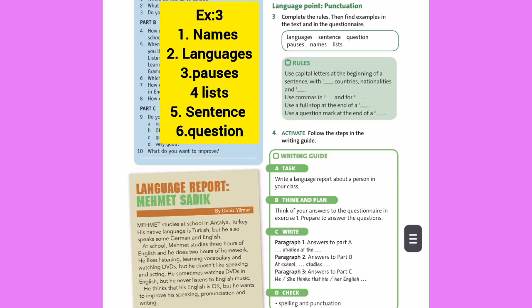Use commas in pauses and for lists. Use a full stop at the end of a sentence. Use a question mark at the end of a question.